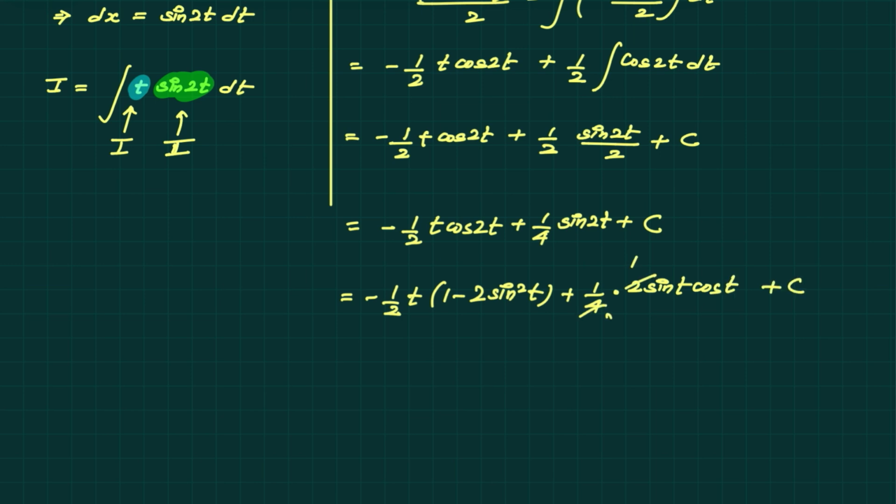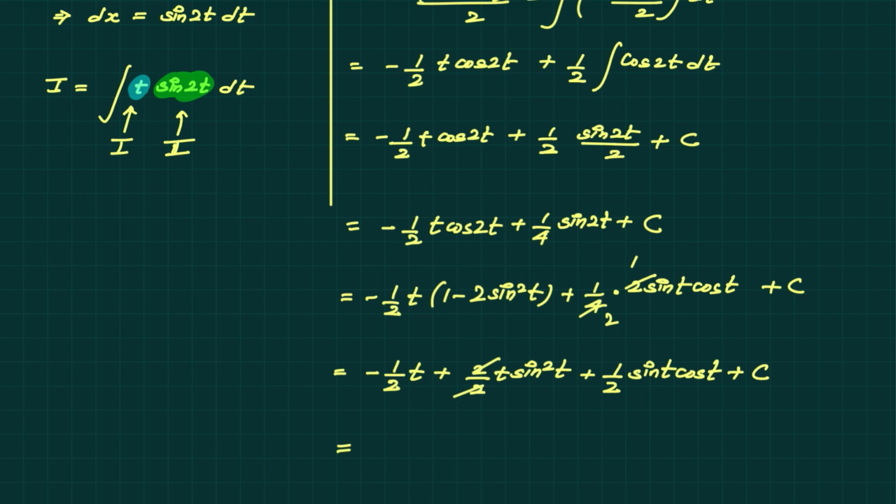Here 2 times 2 is 4. So this equals, opening the bracket, minus 1 by 2 t plus 2 by 2 t sine square t plus 1 by 2 sine t cos t plus c. Here 2 and 2 got cancelled.